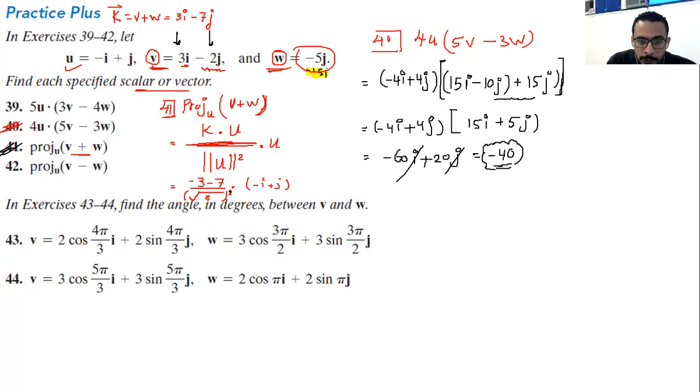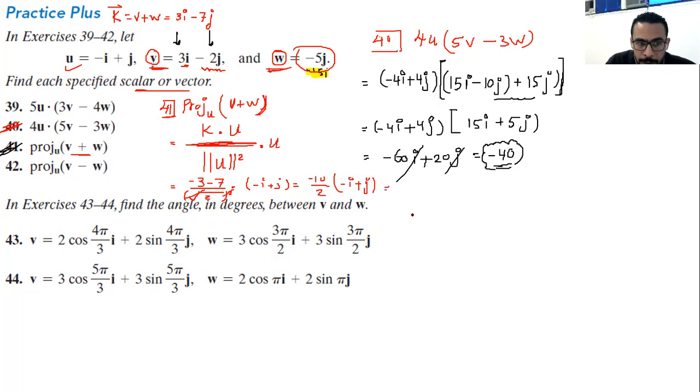Radical 2 all squared. Now in the rule we cross out the 2 with the radical 2 squared, which equals 2. Negative 10 over 2 and then negative i plus j.